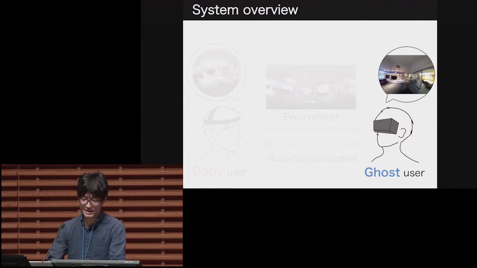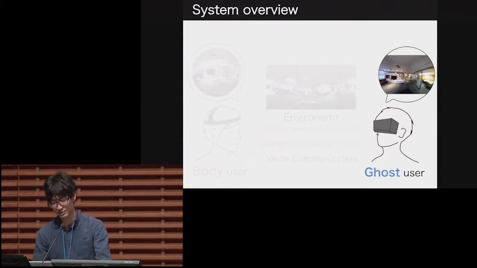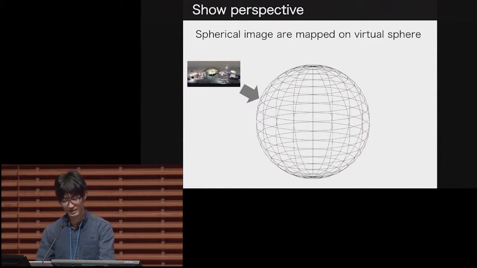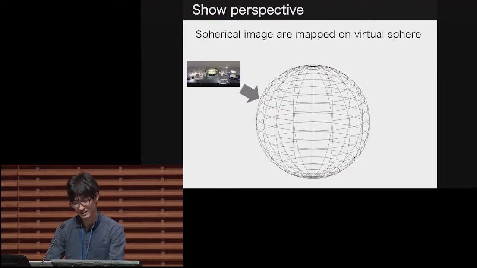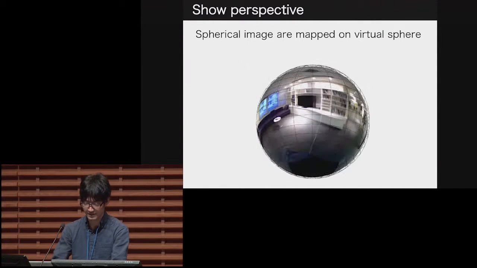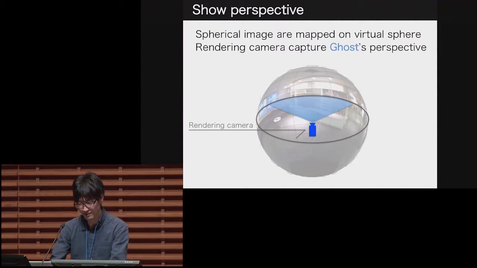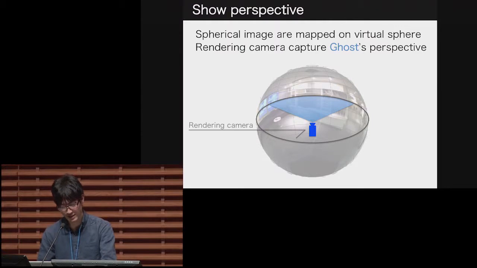So next, I explain the ghost user part. In the ghost user part, LiveSphere provides a view in the shared environment to the ghost. In the ghost part, the shared spherical image is mapped onto a virtual sphere in a 3D graphical world. And a rendering camera located in the center of the sphere captures its view as the ghost user's view.